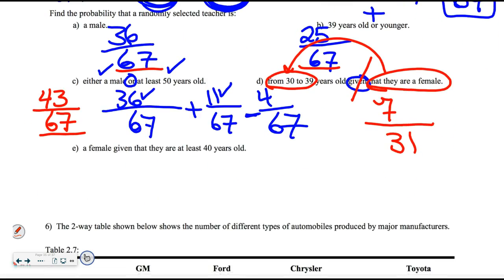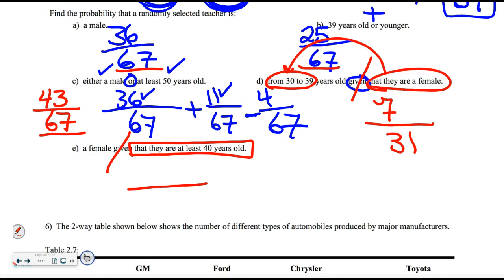All right. Next up, a female given that they are at least 40. So that goes on my denominator. You have to go back up to the chart. At least 40. It would be the denominator, all the people who are at least 40 would be 31 of them, right? But how about like me?